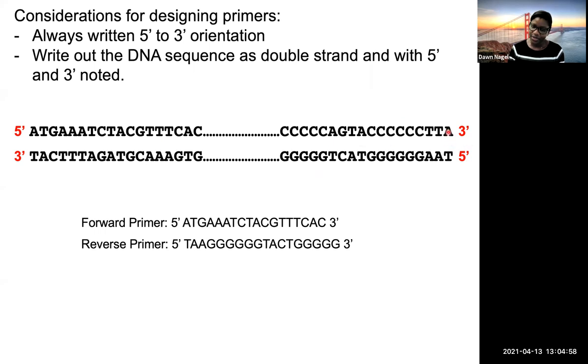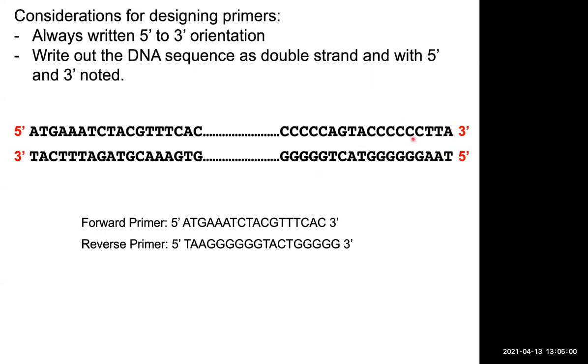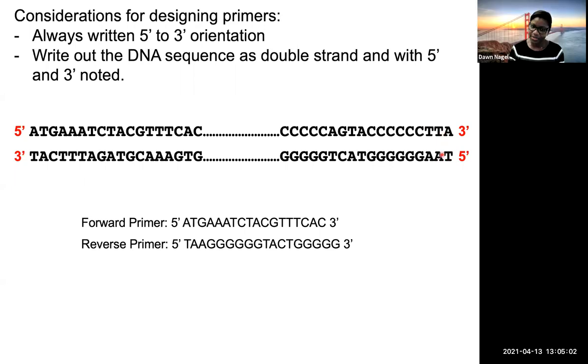This is complementary to this top strand. This is the sequence, but this needs to be written from this direction. So then you just flip it. So you start T, A, G. So this is your sequence, and this primer then can anneal to this top strand. Is that clear?